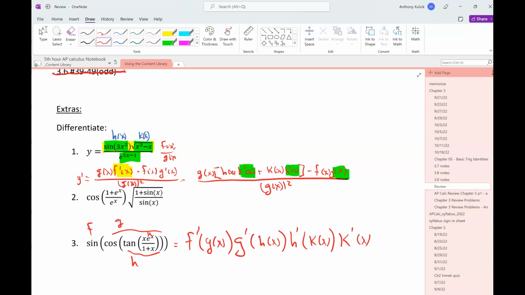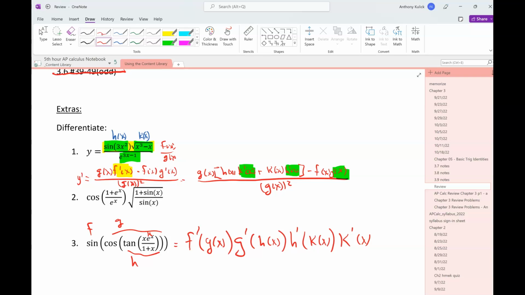Right? So that's the chain rule. So again, derivative of the outside, okay? Derivative of the inside, oh, need a chain to do that. So that's the g prime times h of x. But to do the derivative of h of x, the inside, I have to do another chain. And then you finally get down to that k of x, which is just the quotient rule with the product nested inside of it.